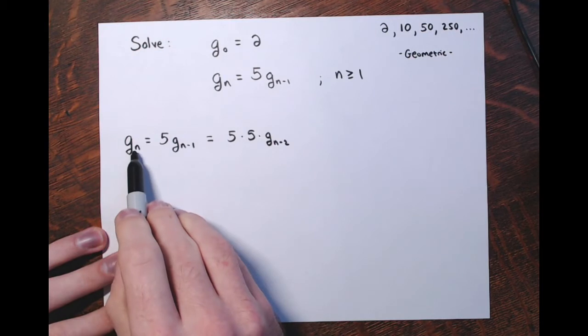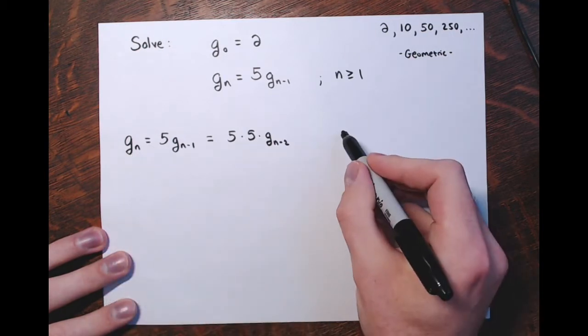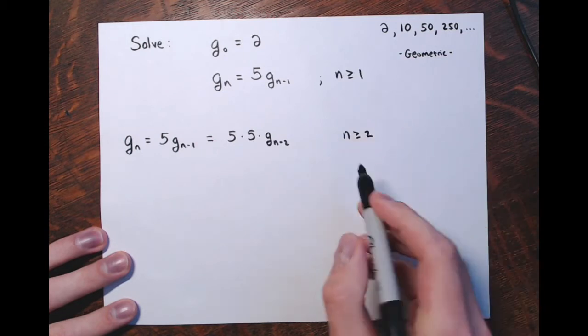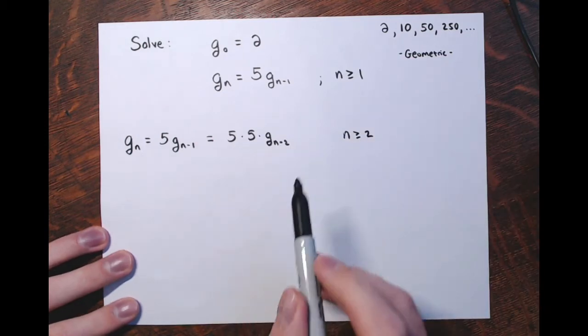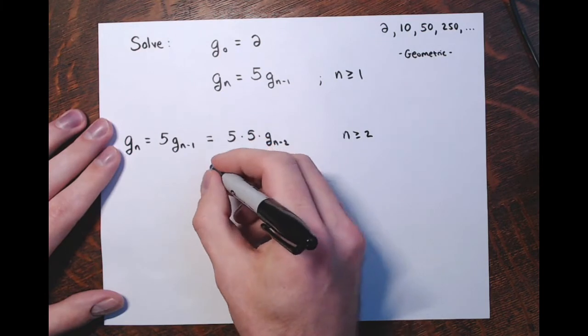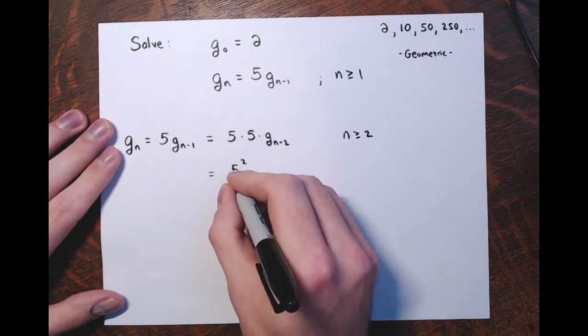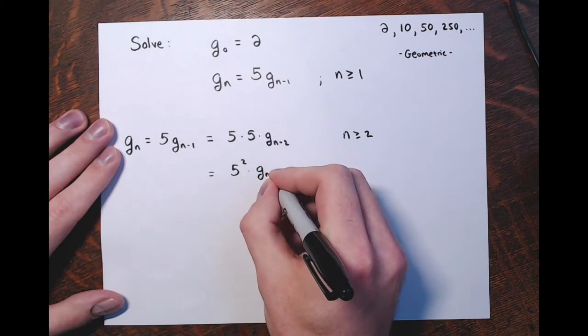So now G sub n for n greater than or equal to 2 is 25, 5 times 5, or 5 squared, times G sub n minus 2. And I'm going to write it this way for hopefully an obvious reason when we get through more.